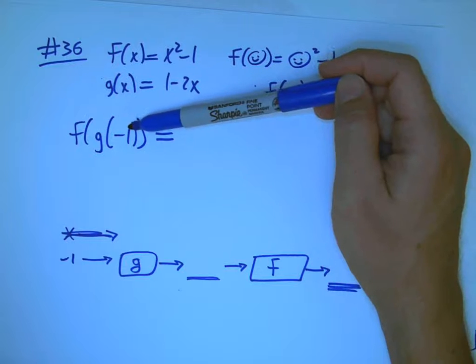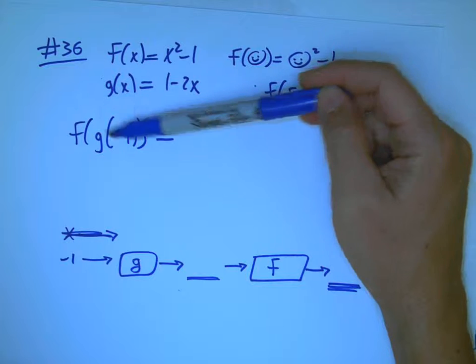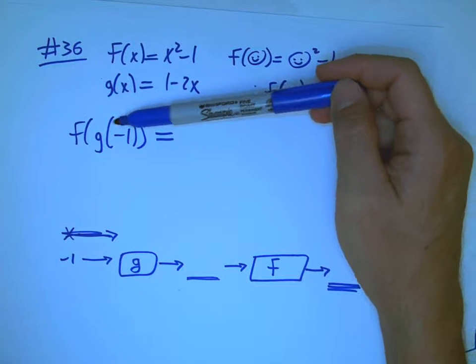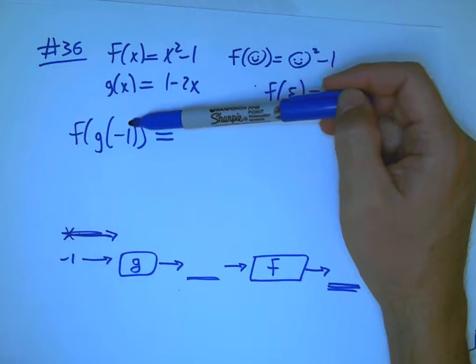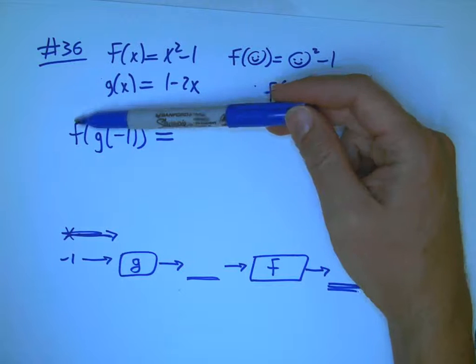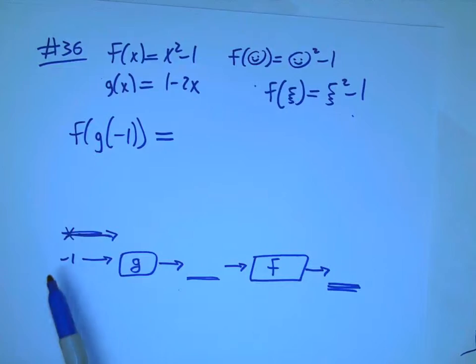Now notice when I pointed to here, I pointed to the inside first. And that's crucial. Even though we usually read from left to right, functions are weird. It's an artifact of how people first invented the notation. And a lot of people say we should change it, but it's never going to get changed. Sorry. You actually kind of go right to left on this one, because you want to start with the input. I like to analogize this to an assembly line. Here's the raw materials.